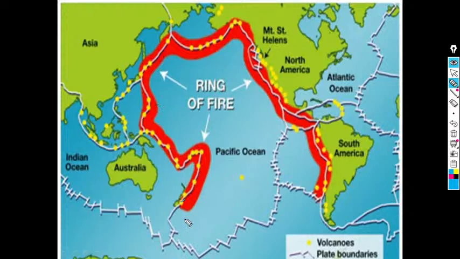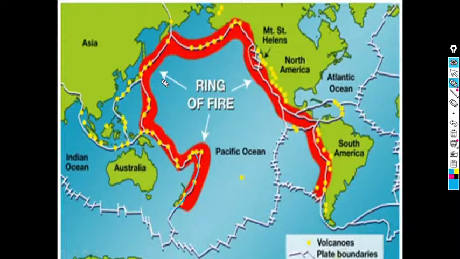starting from New Zealand, you can see here, till Chile. So it is encircling the total area, from the eastern part of China to the western part of North America and South America.